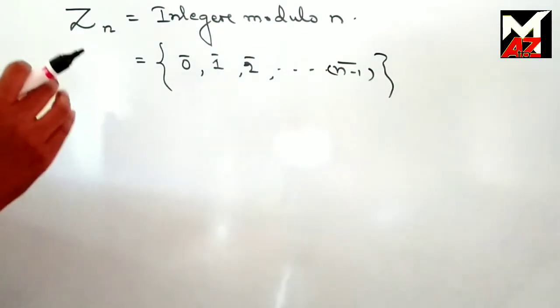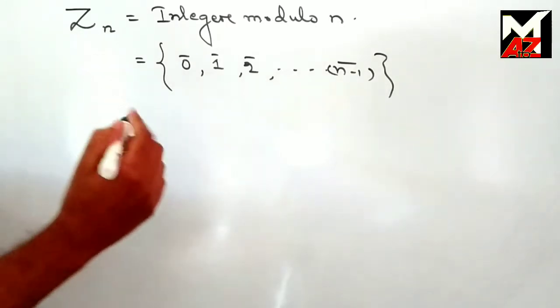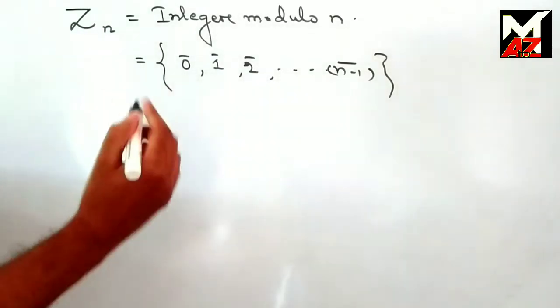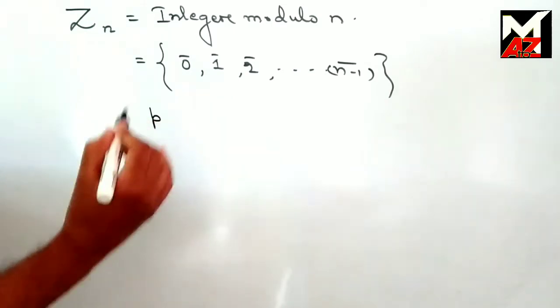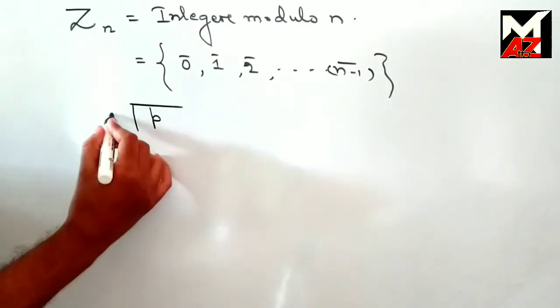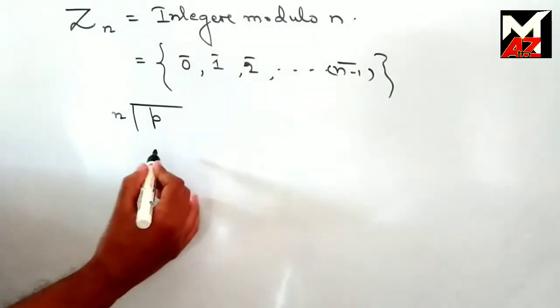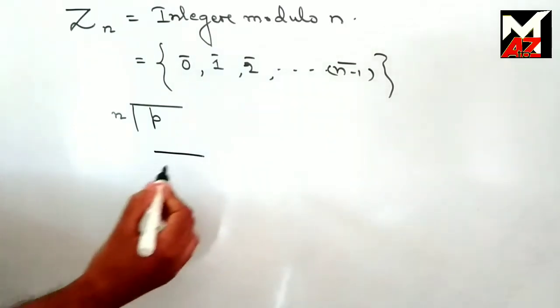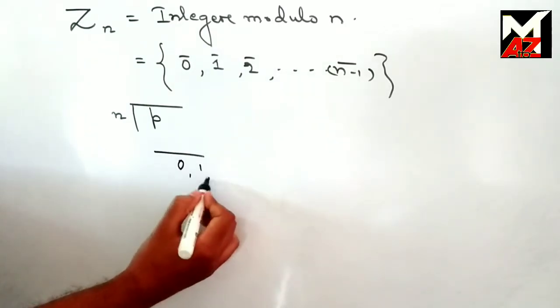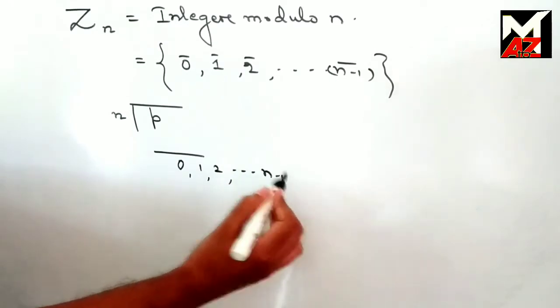That is, if we divide any integer p by n, then we can get remainder 0, 1, 2 up to n minus 1.